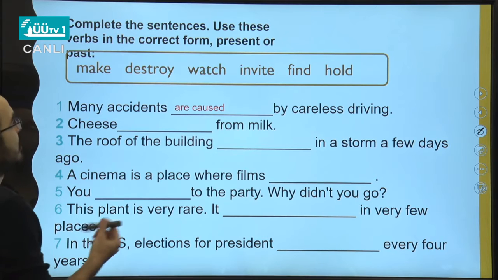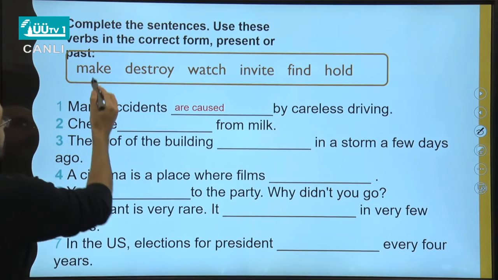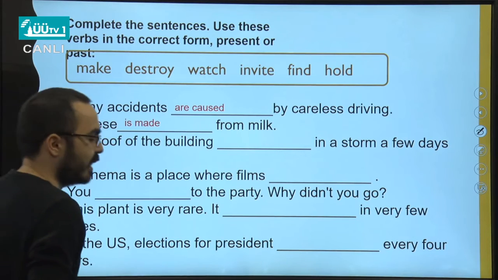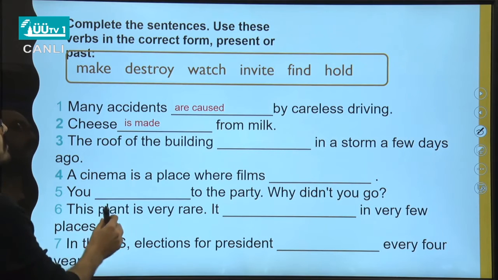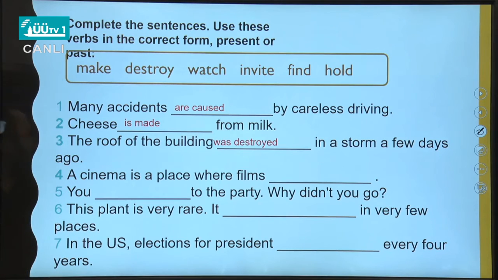Many accidents are caused by careless driving. Cheese, so cheese from milk, right? Make, is made from milk. Cheese is made from milk. The roof of the building in a storm a few days ago, right, was destroyed in a storm a few days ago.